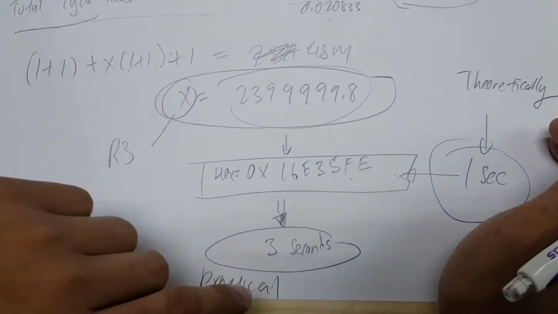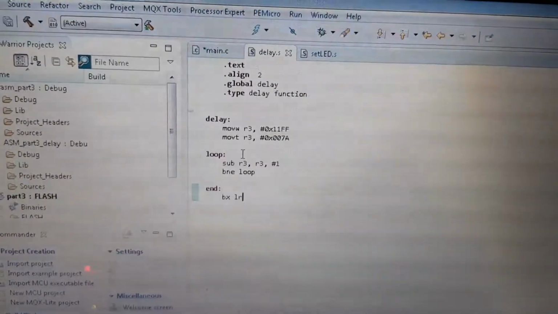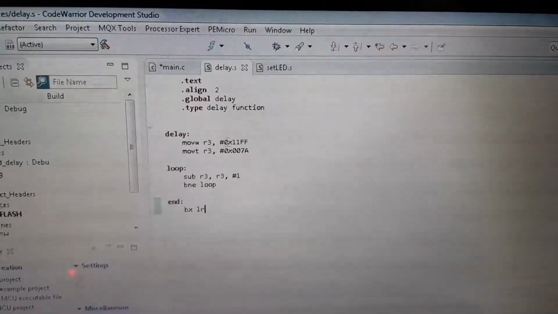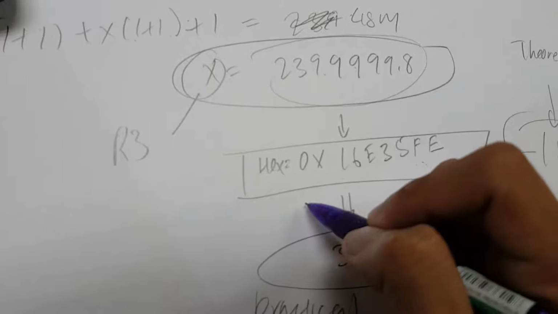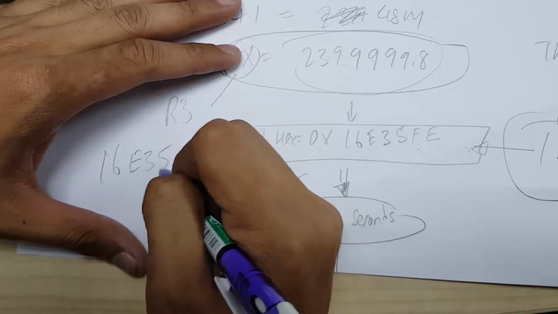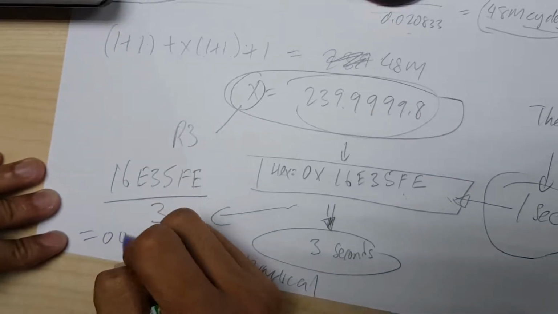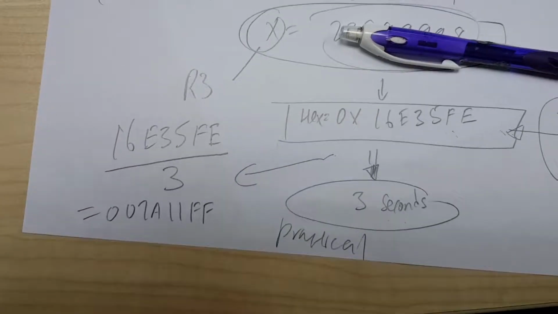So in order to get exactly 1 second, I divide by 3 and I get this value, which is 007A11FA in hexadecimal. So that's how I get the 1 second delay.